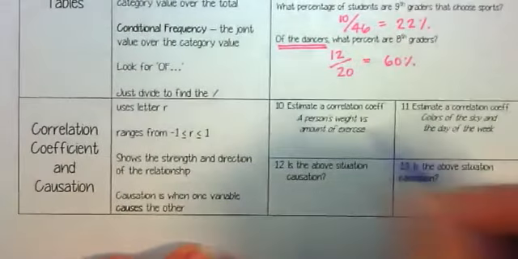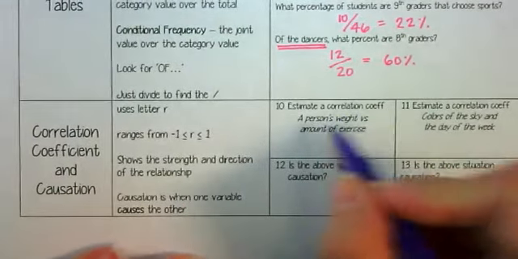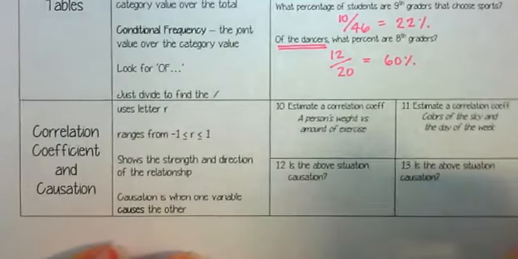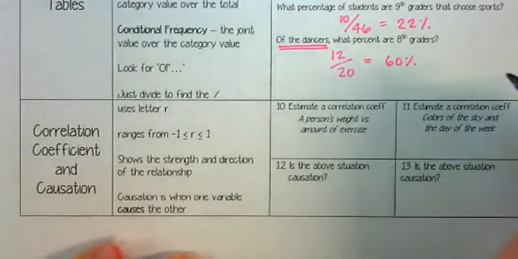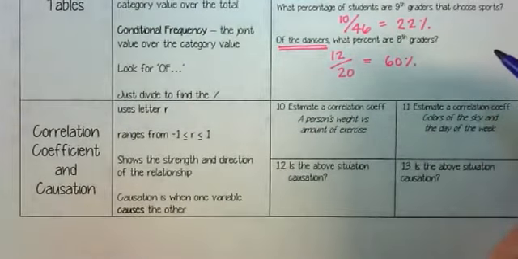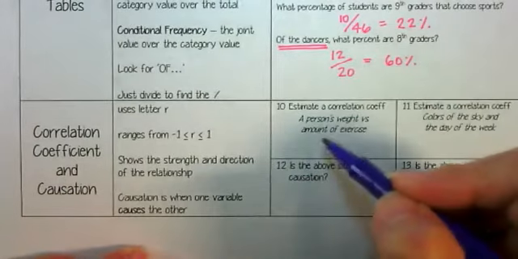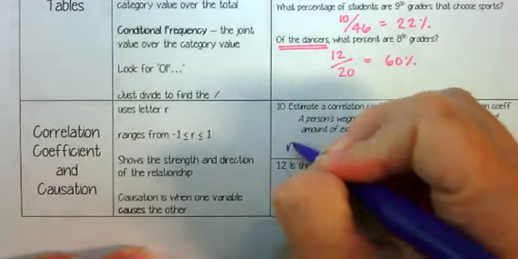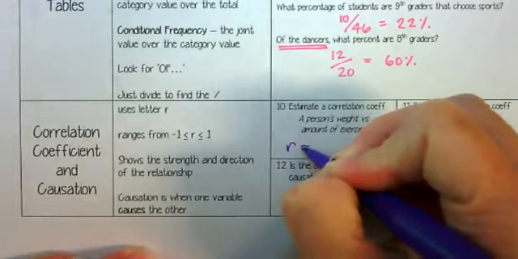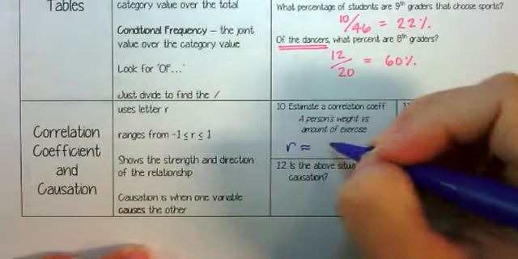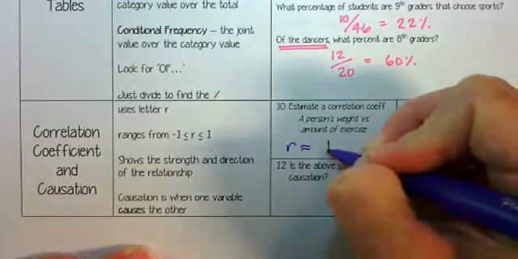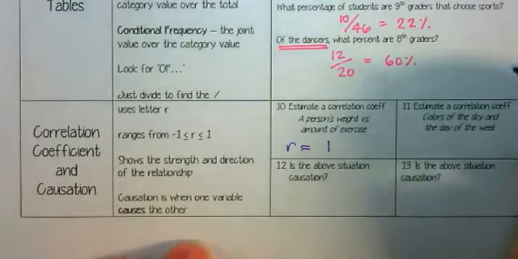Okay, so estimate a correlation coefficient. A person's weight versus the amount of exercise. Well, in general, the amount of exercise that you have does impact your weight. So I would think that the correlation coefficient for this would be pretty strong. All right, so I'm thinking I would estimate it as close to a 1.